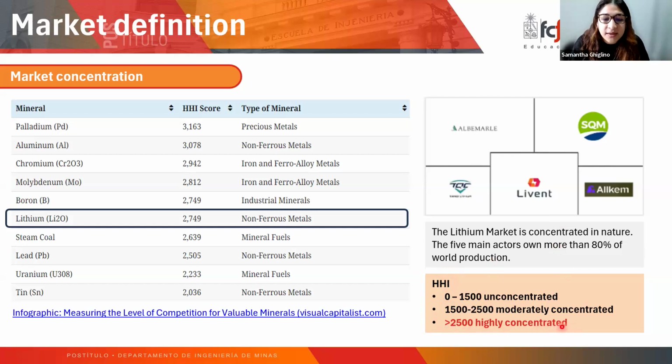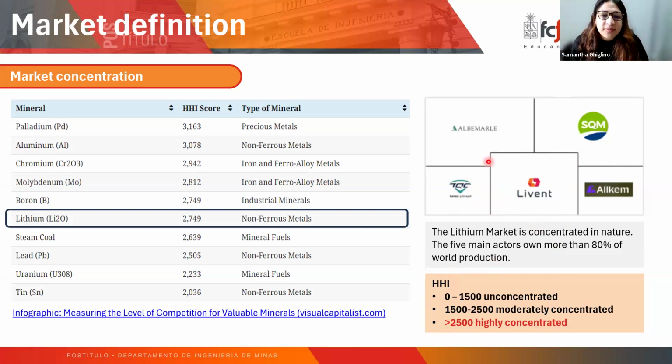is highly concentrated. The main producers right now are Albemarle, SQM, which is a company that we selected, Livent, and other smaller companies, but these are the key players. All the rest of them are fairly smaller.